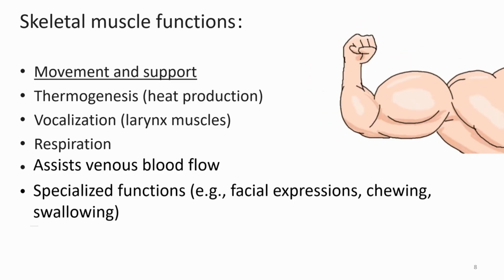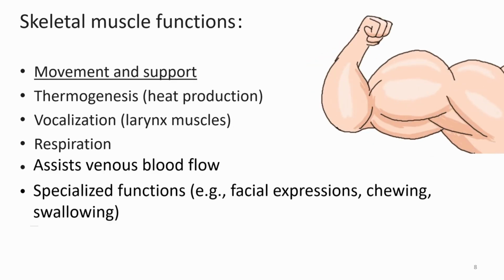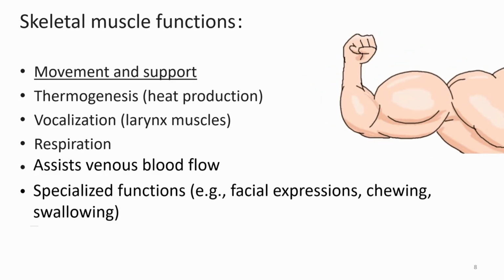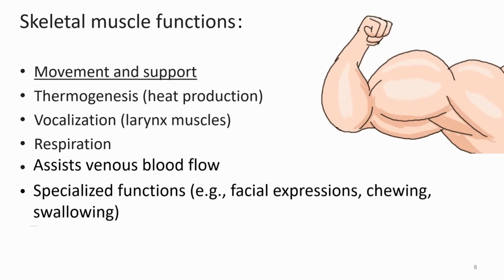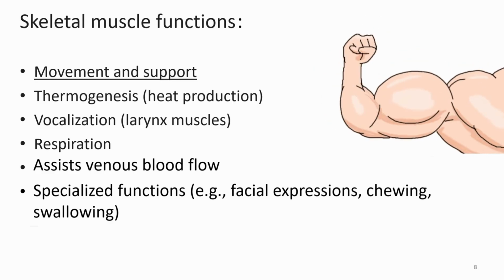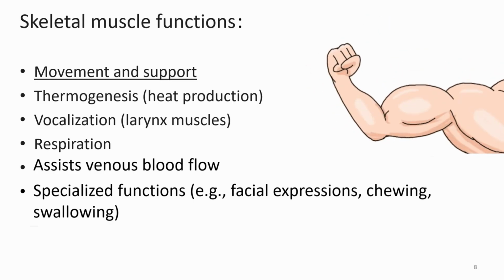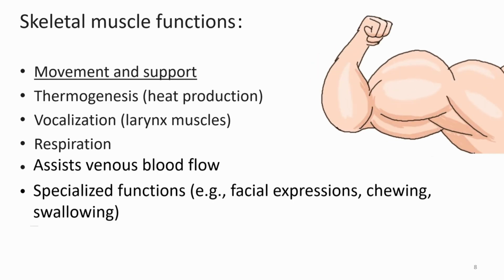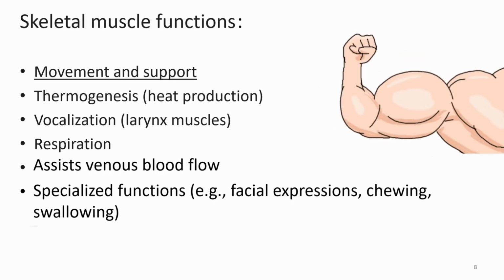Skeletal muscles are also quite important to stimulate the return of blood flow from the veins to the heart. This is especially important in the legs because the blood vessels there are of course very far from the heart, and you need to help a little bit so that the blood from these places can also return back to the heart.